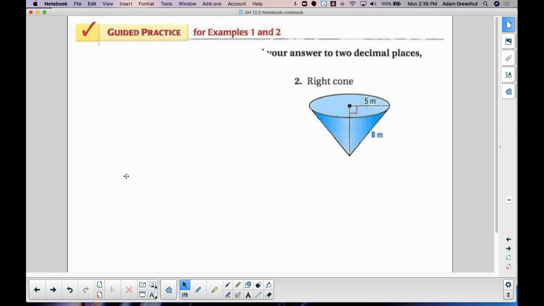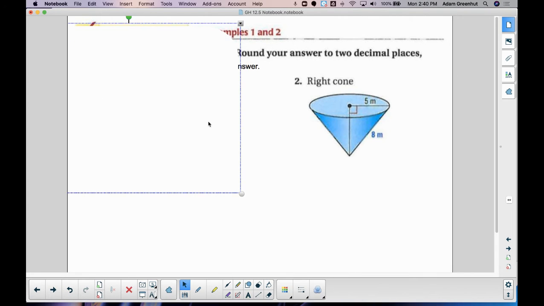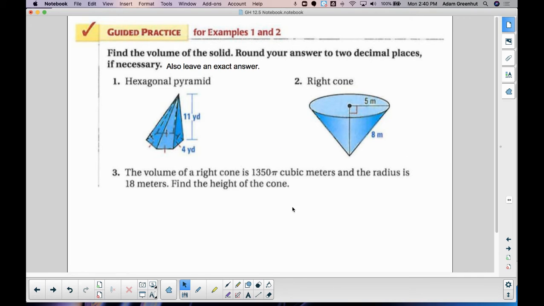Number 2 here, it said to find the volume of this right cone. Let's knock this one out quickly as well. It's just 1/3 area of the base times the height, right? So 1/3 area of the base is 25 pi. The height I don't have. They gave me the slant height here. So I'm going to do 64 minus 25 because the radius squared plus the height squared equals the slant height squared.